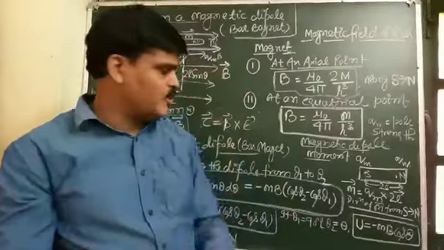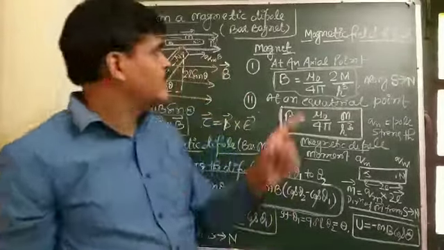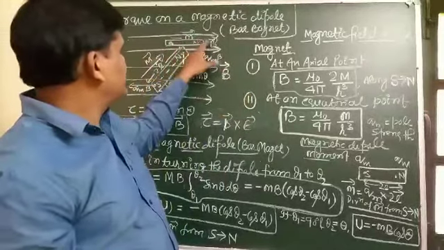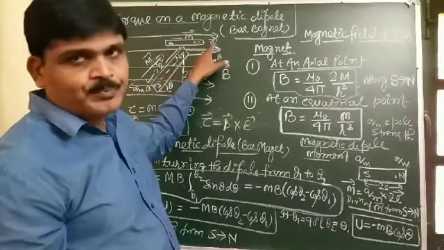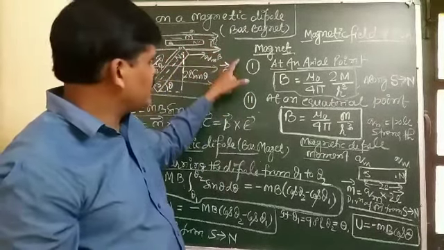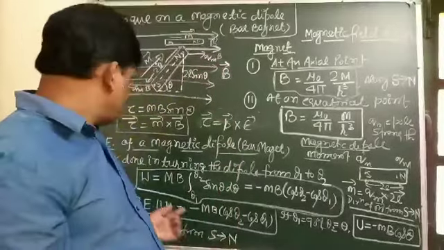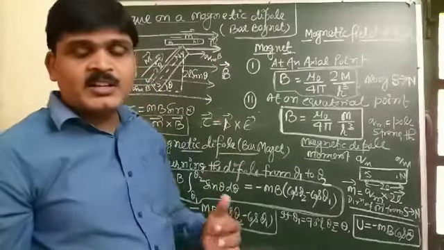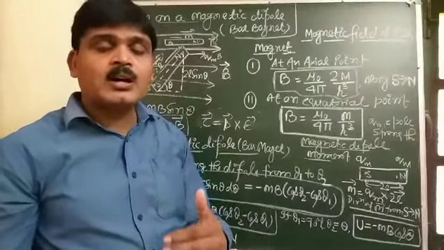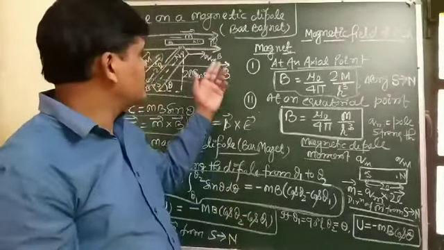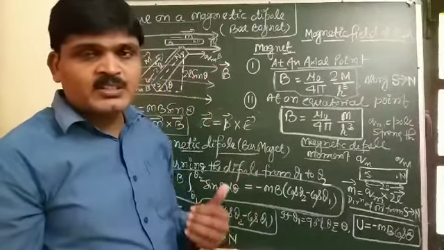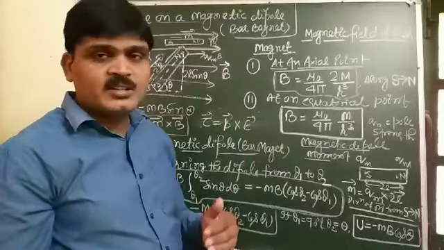In stable equilibrium, theta equal to 0. Theta equal to 0 means the angle between M and B is 0. So at what condition does the magnetic dipole remain in stable equilibrium, what is the condition of stable equilibrium, and what is the expression of potential energy of magnetic dipole in stable equilibrium.